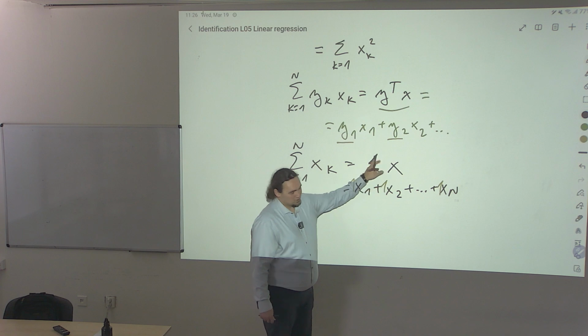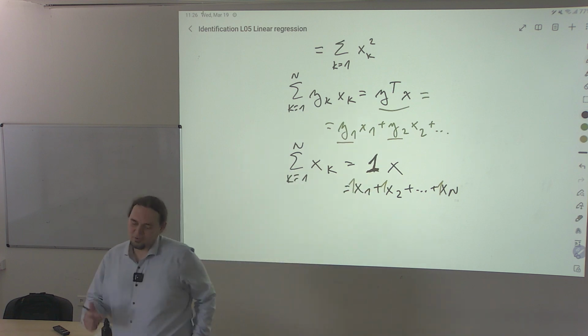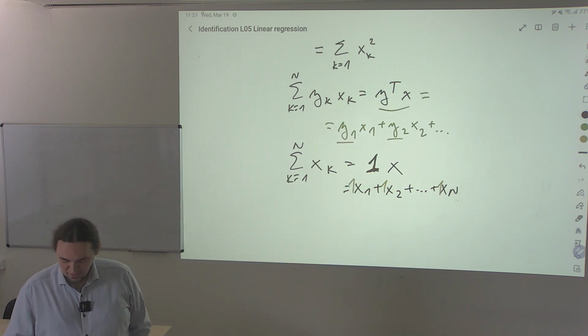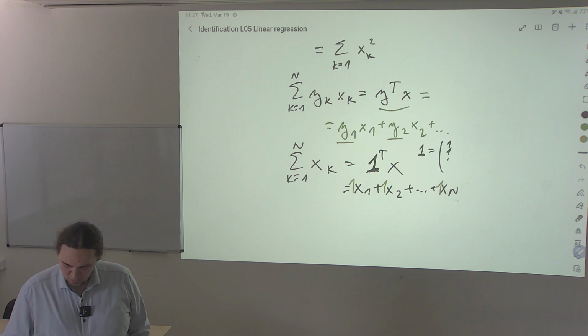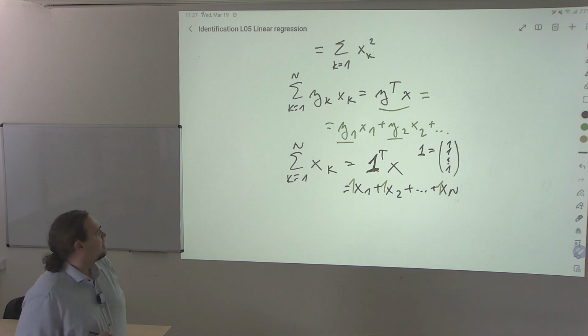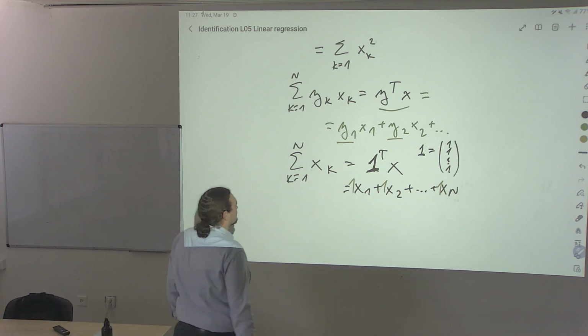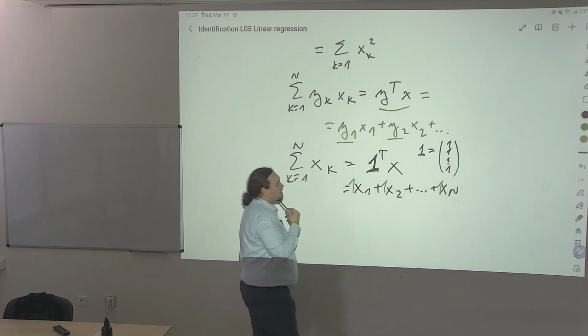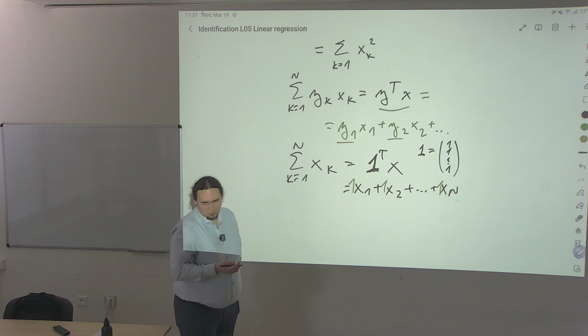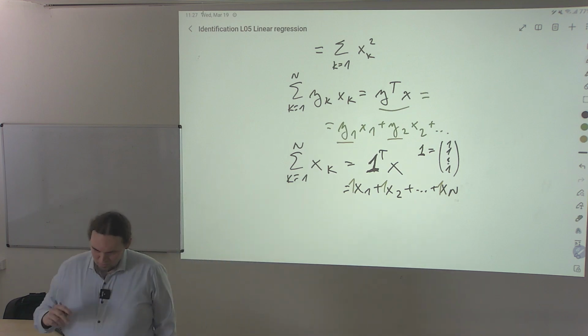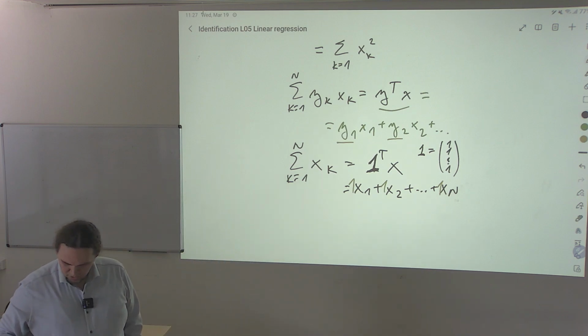Not a matrix, even, a vector of ones. The one with this leg is just 1, 1, 1, until the same number of elements as the x.